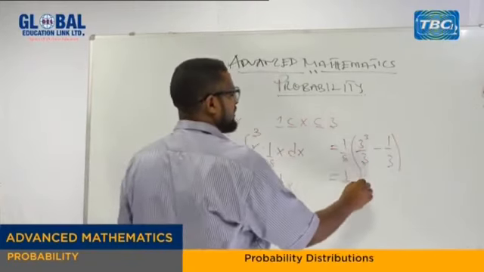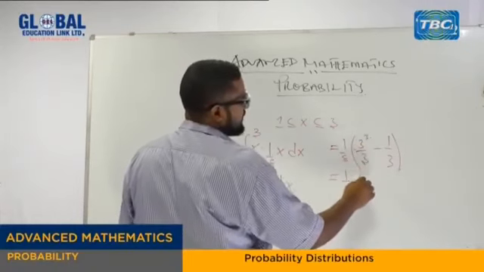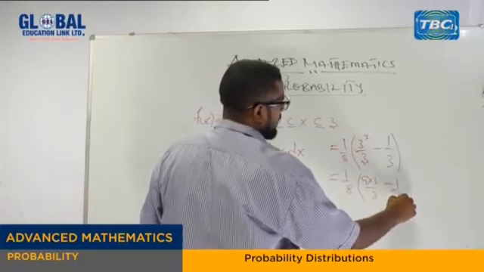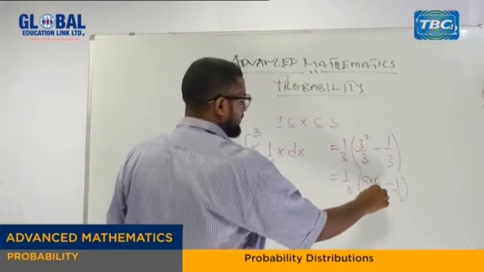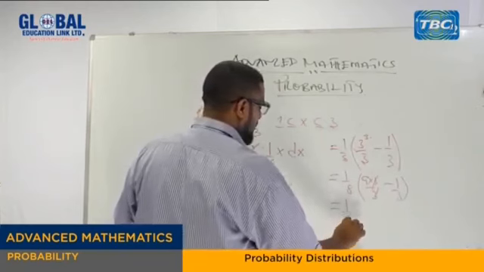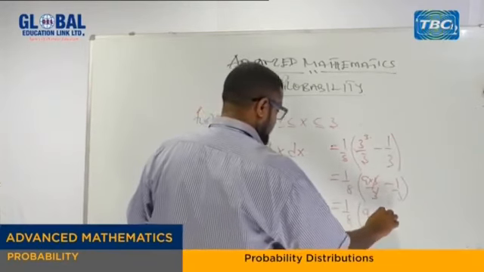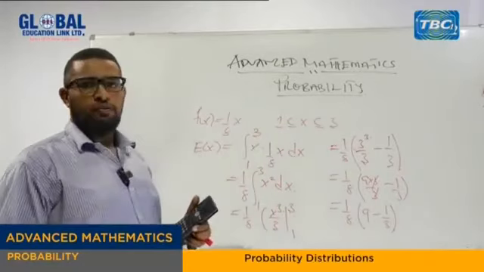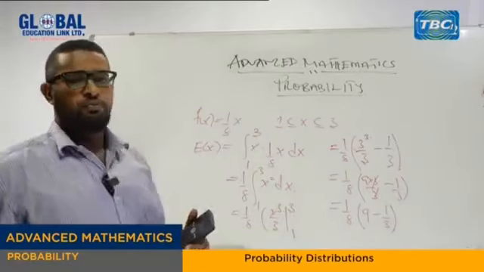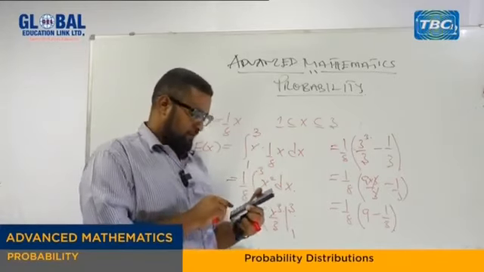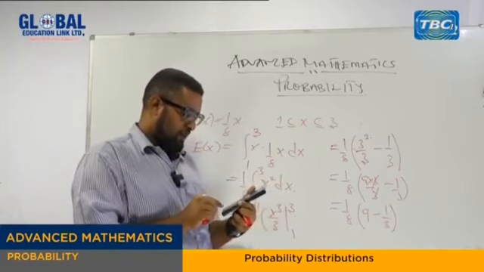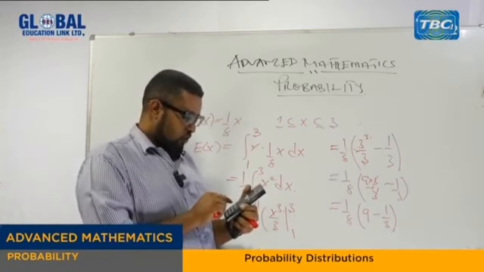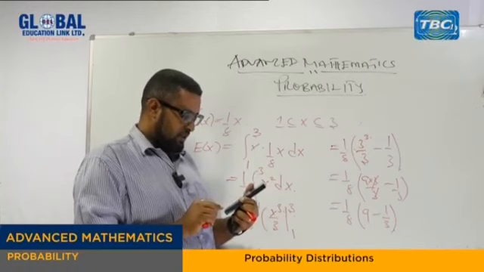This is the same as writing 9 times 3 divided by 3, minus 1 over 3. So 3 and 3 will cancel. So you have 1 over 8, 9 minus 1 over 3. Because you have a calculator, use your calculator to simplify that part. So 1 over 8 bracket 9 minus 1 over 3.